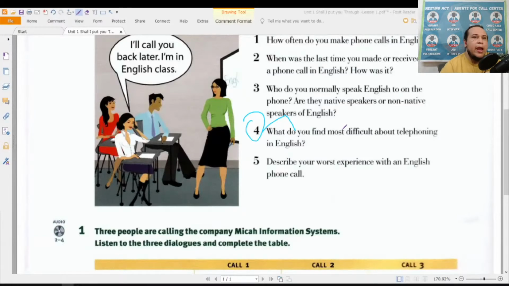You know, I remember that when I was starting in the call center industry, the most difficult part was when people or customers spoke fast. But the truth to be told is that they don't speak fast.